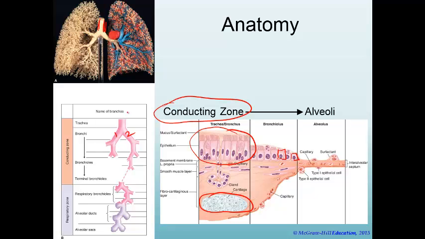Now, the highest resistance to flow, again, we're going to be going back to Poiseuille's law, Q equals delta P over R, which governs flow of anything, liquid or gas, through a tube. Right, so the flow is going to be equal to the pressure gradient over the resistance.